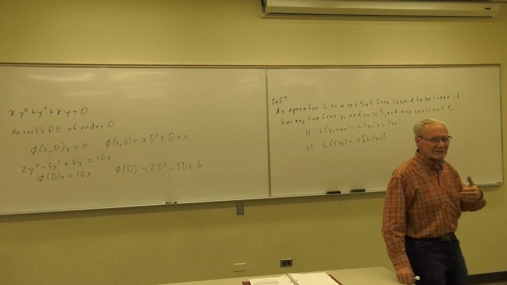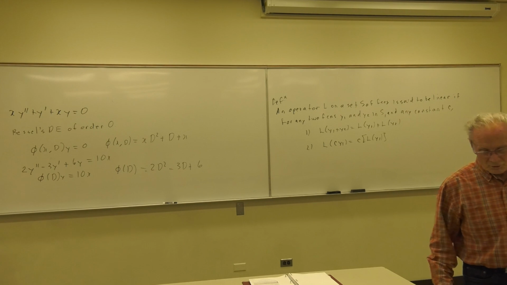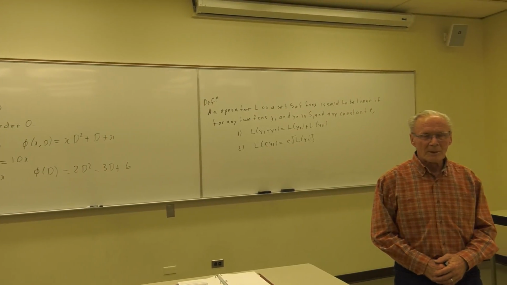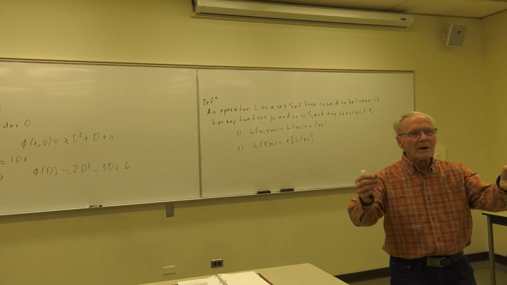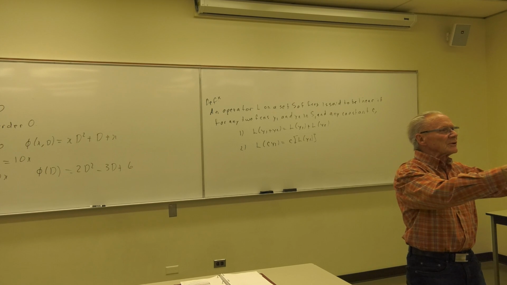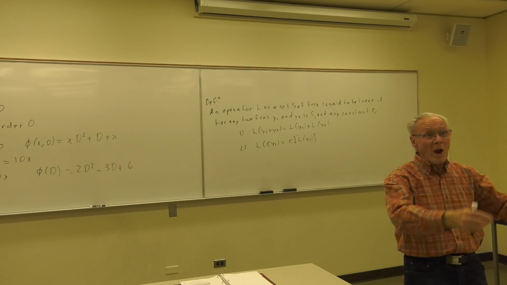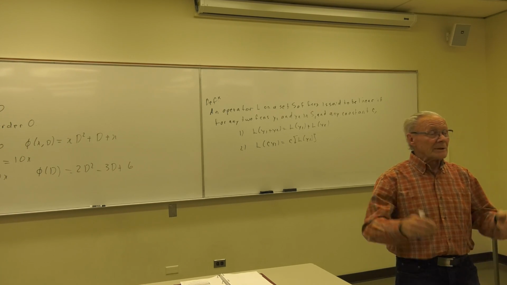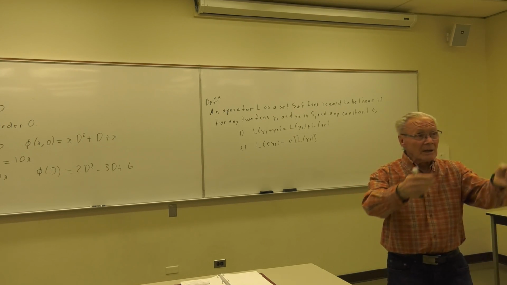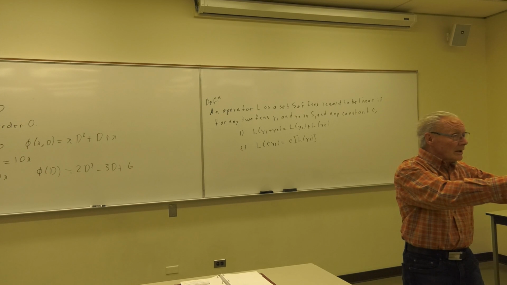Does that mean everything is linear? No. Taking the logarithm: linear would mean the log of a plus b equals log a plus log b, and the answer is no way. Is taking a sine linear? Is the sine of a plus b equal to sine a plus sine b?